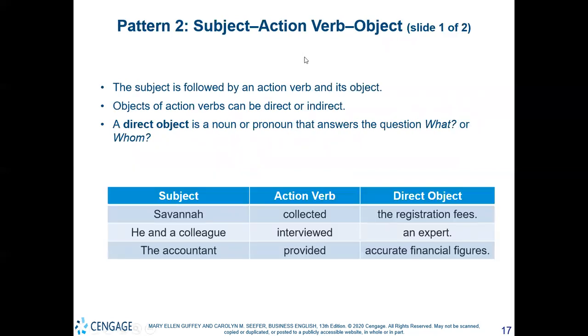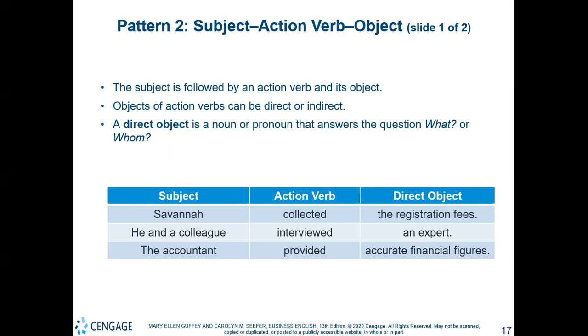Pattern 2, subject, action verb, object. The subject is followed by an action verb and its object. The objects of action verbs can be direct or indirect. The direct object is a noun or pronoun that answers the question what or whom. Subject, Savannah. Action verb, collected.